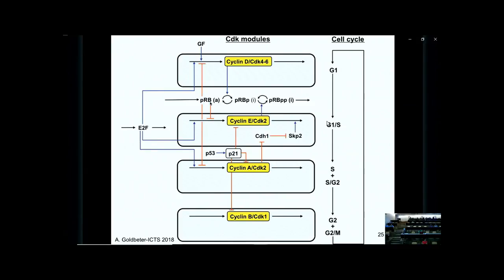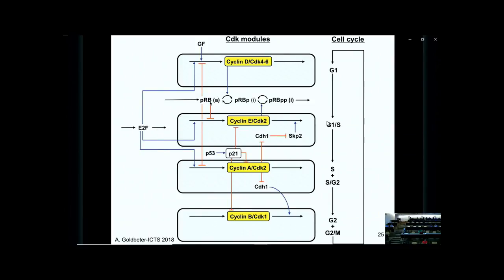So this is a way that the third module inhibits the second module. The third module promotes the activation of the last module by inhibiting CDH1, which promotes cyclin B degradation, okay? So CDK2 inhibits cyclin B degradation. Thereby, it promotes activation of the last module.